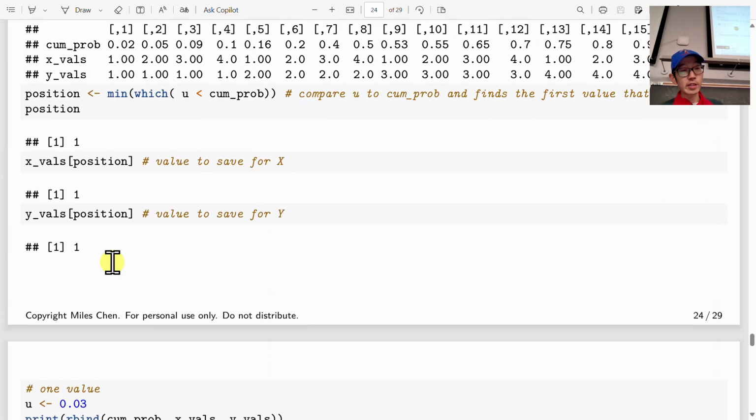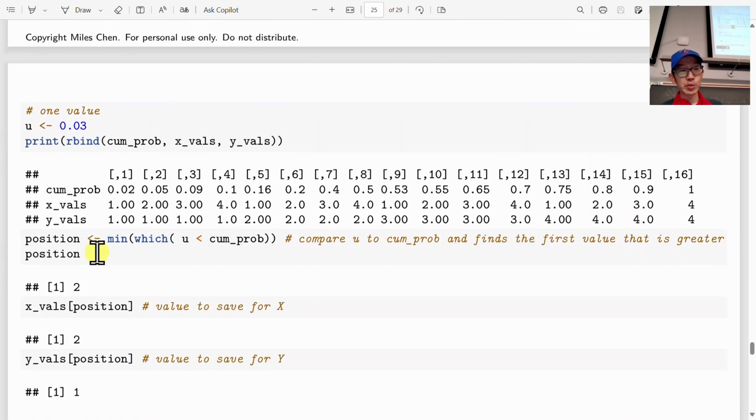Let's say I generate a random value of 0.03. It's between 0.02 and 0.05, so I ask which cumulative probability is greater than u. It's true for 0.05 and everything to the right of that, but we ask which one's the smallest.